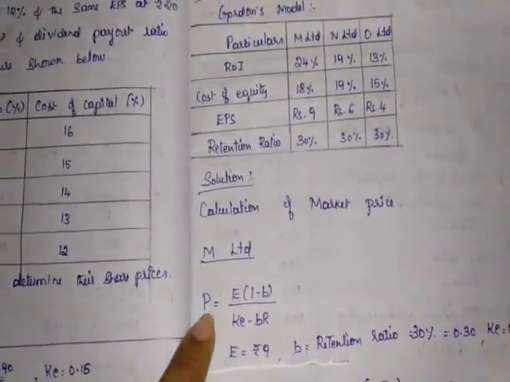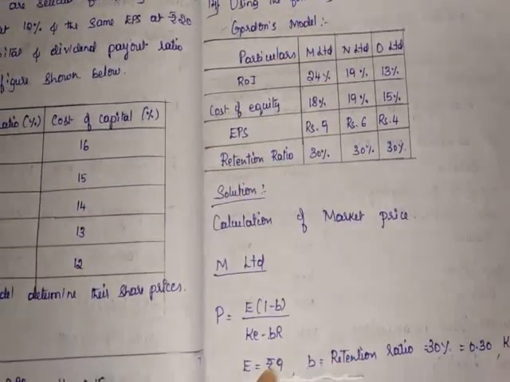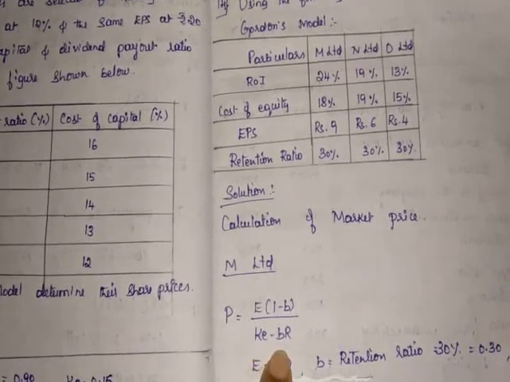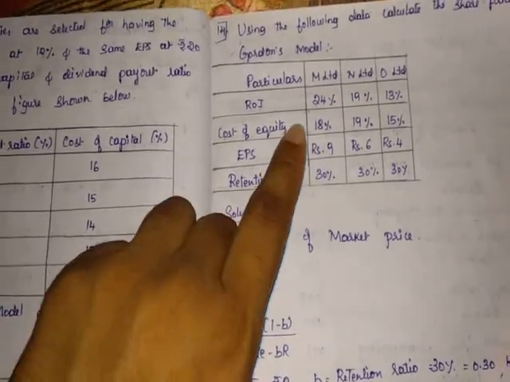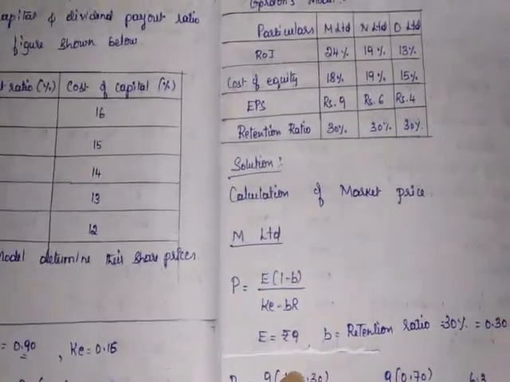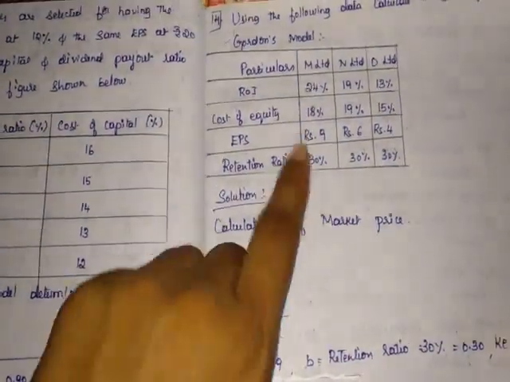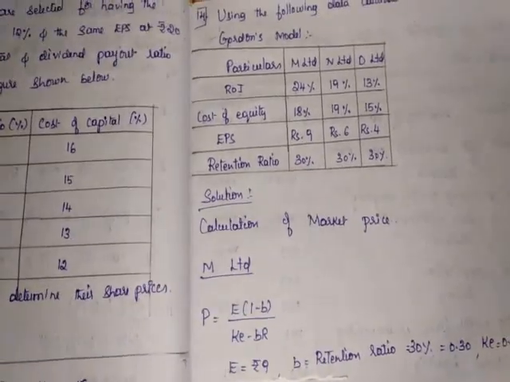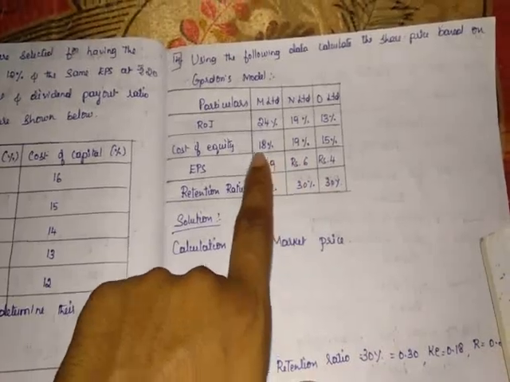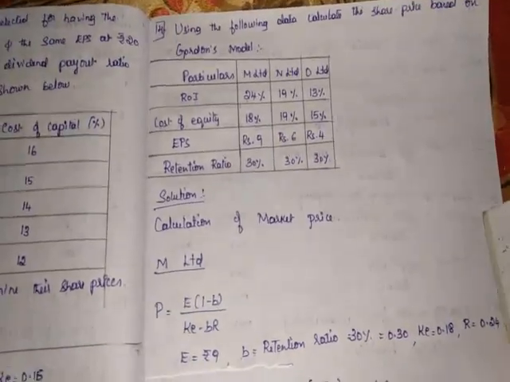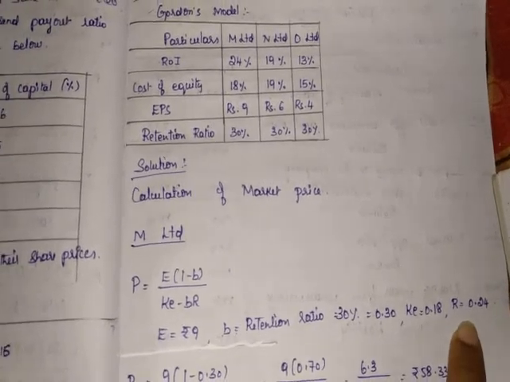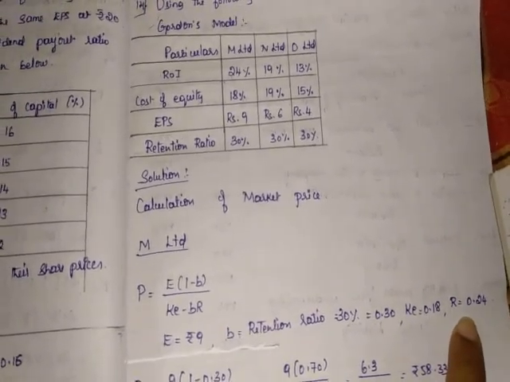So the formula is, we'll calculate for the first company, E into 1 minus B divided by KE minus BR. EPS given for the first company is rupees 9. So E is 9. Retention ratio B is 30%, 0.30. Cost of equity 18%, 0.18. And return on investment R is 0.24.